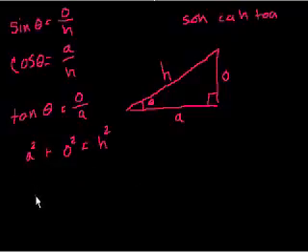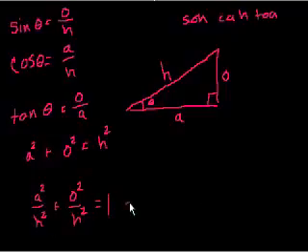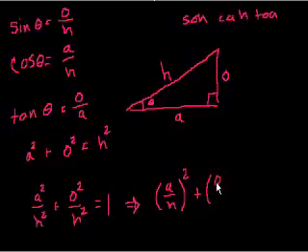We get a squared over h squared plus o squared over h squared is equal to 1, right? And then I could rewrite that as (a over h) squared plus (o over h) squared is equal to 1.